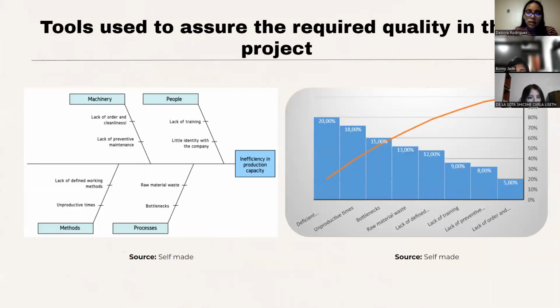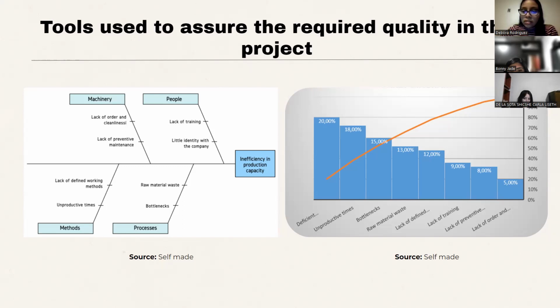Now, these are the tools used to assure the required quality in the project. The first tool is the Ishikawa diagram, where we identify the main problem as inefficiency in production capacity and downtime.